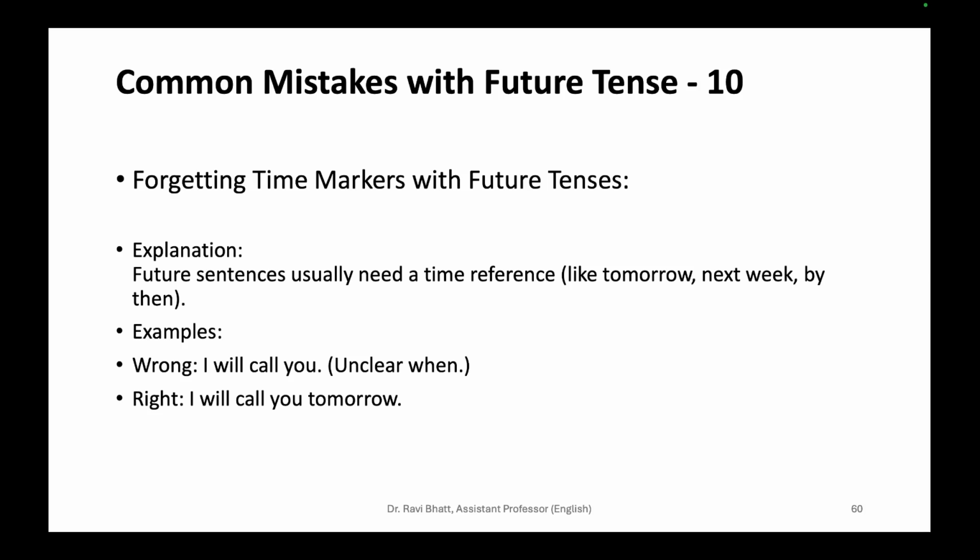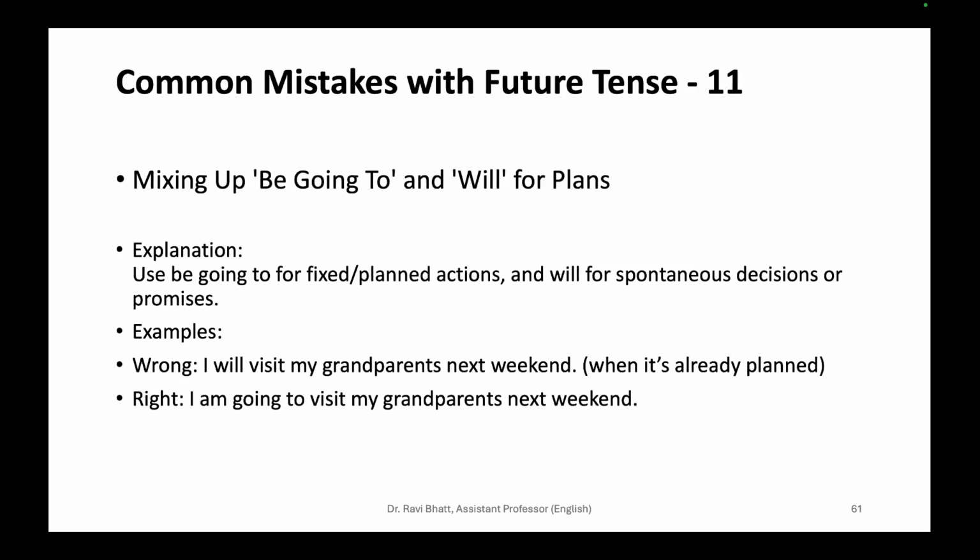Now, take this not in a conversational reference, but in a reference of a general conversation without any context. So, it's better to give a time marker. For example, "I will call you tomorrow." Okay, that would be more appropriate, more acceptable. Okay, and free of any kind of ambiguity.